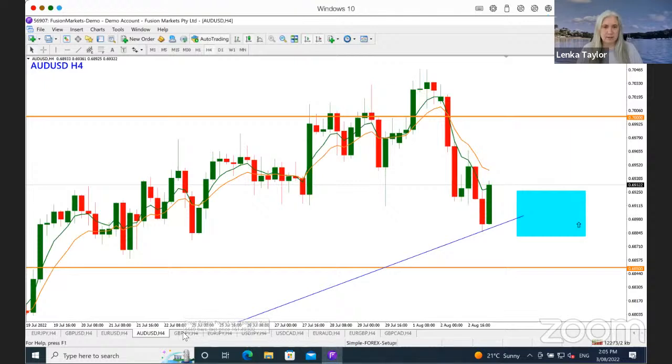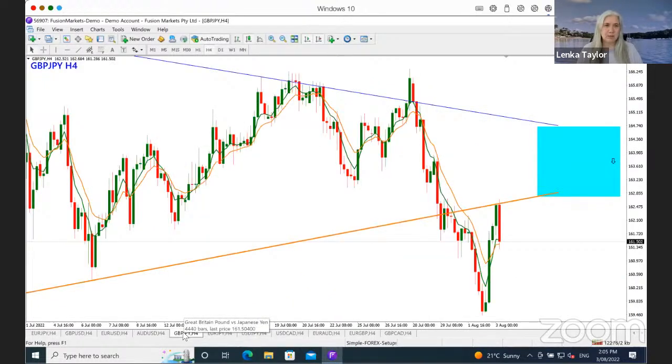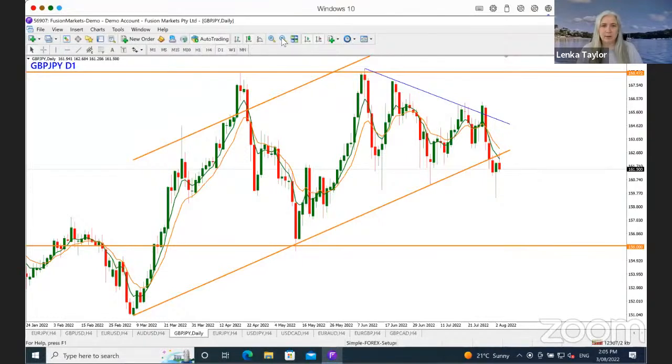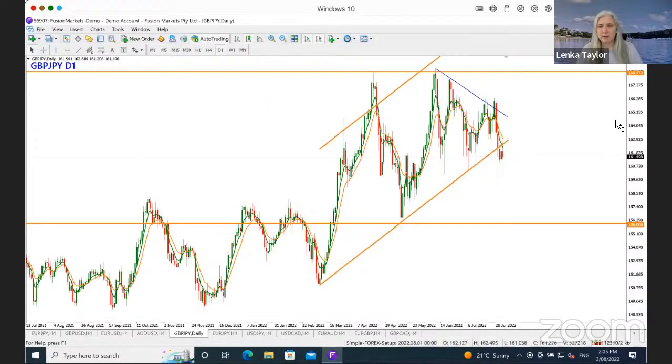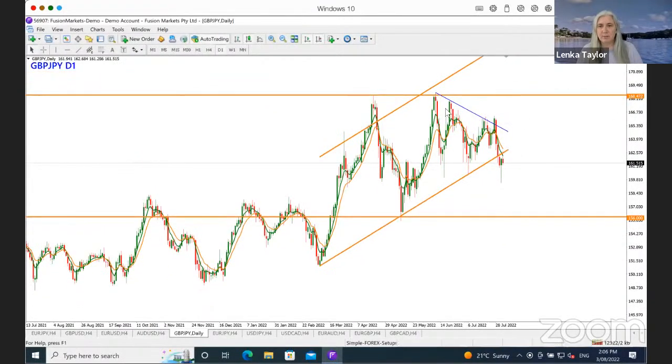The next currency pair I'm looking at is GBP/JPY, and on GBP/JPY, I'm looking for short opportunities. Here the price action has been in basically consolidation and going sideways for quite a bit.